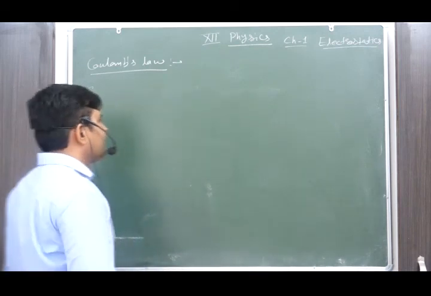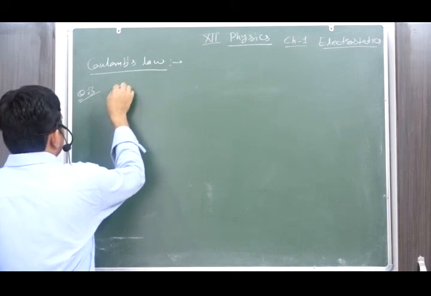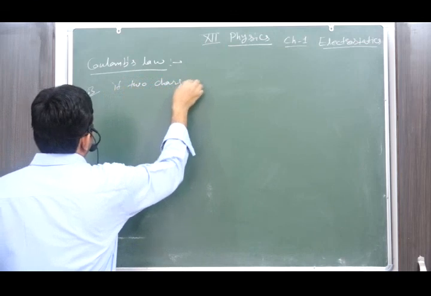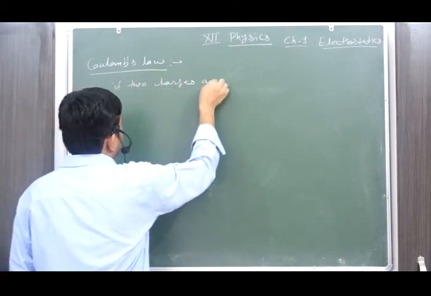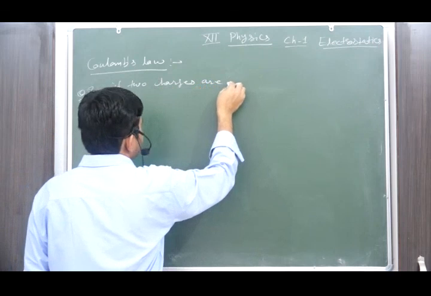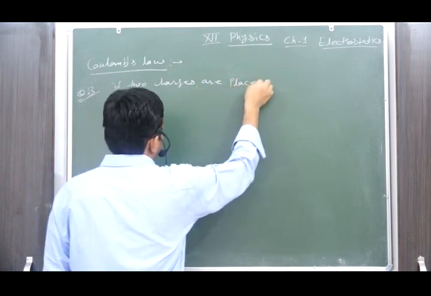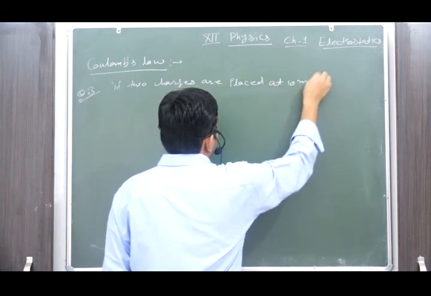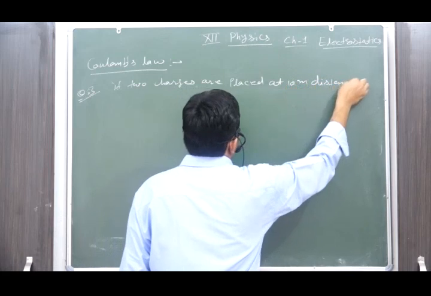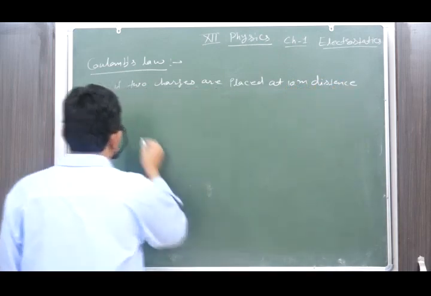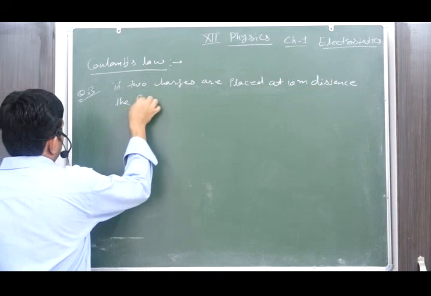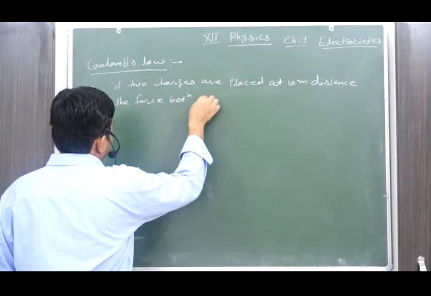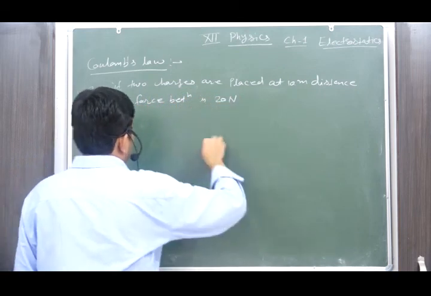In question number 3, we have: if two charges are placed at a 10-meter distance, the force between them is 20 newton.